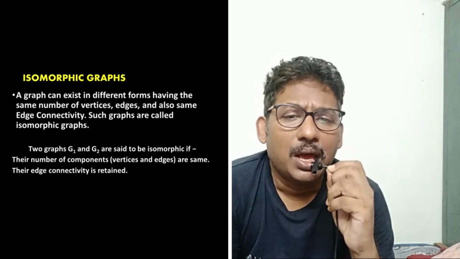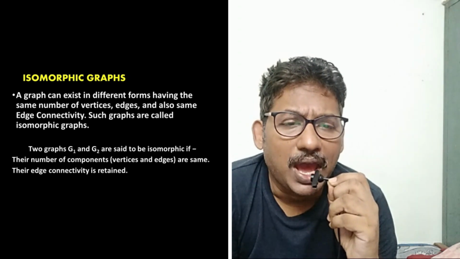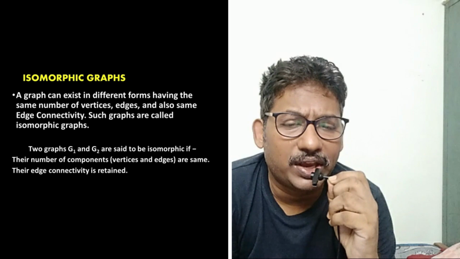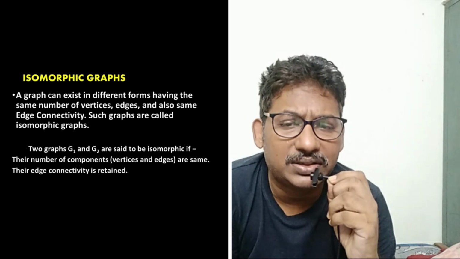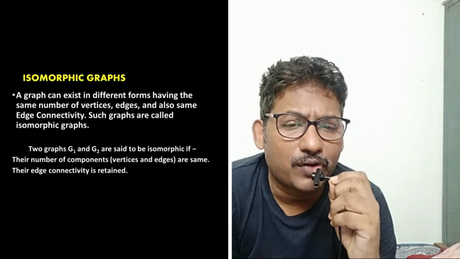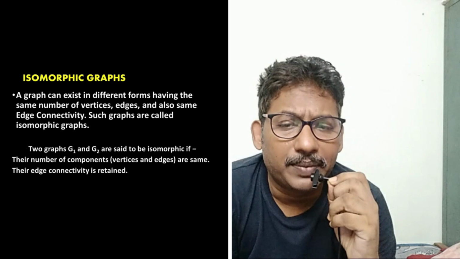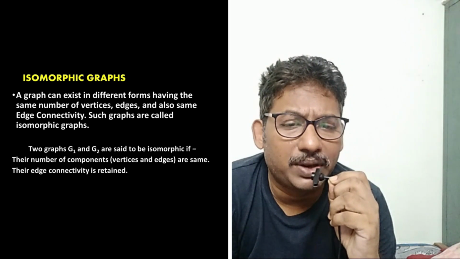Let's take two graphs G1 and G2. How can we say they are isomorphic? Based on these conditions: the number of components, vertices and edges should be the same and their edge connectivity should be retained.